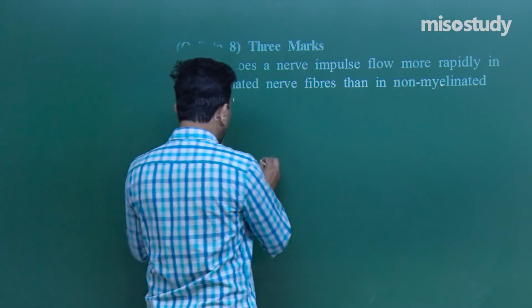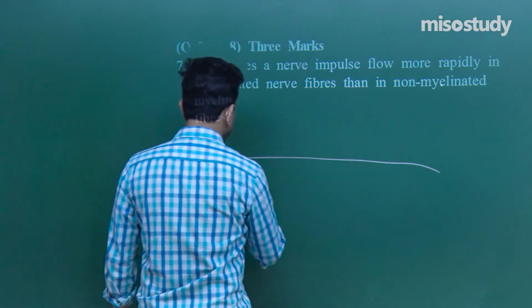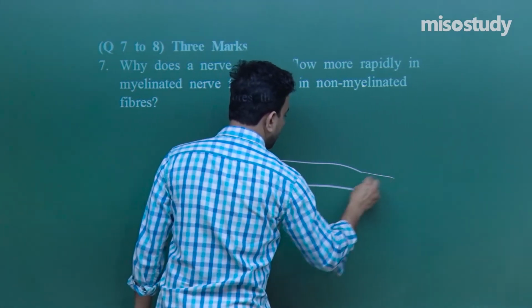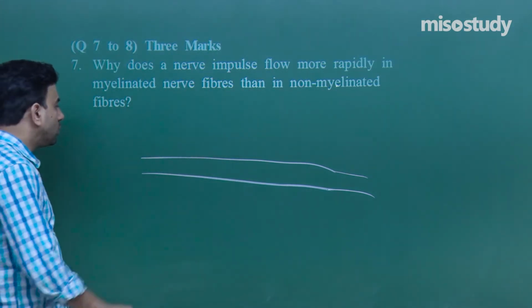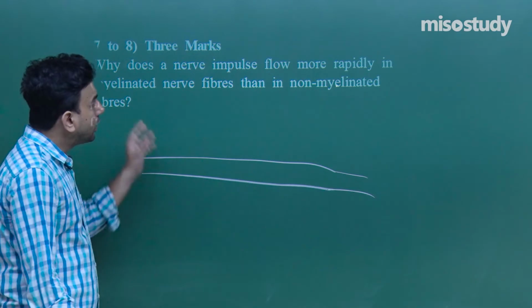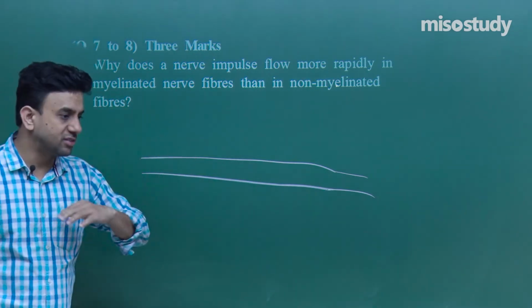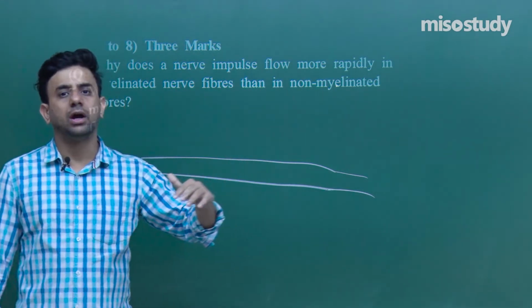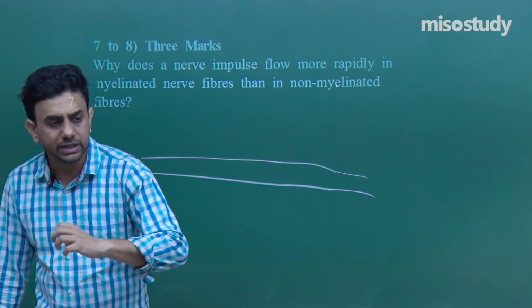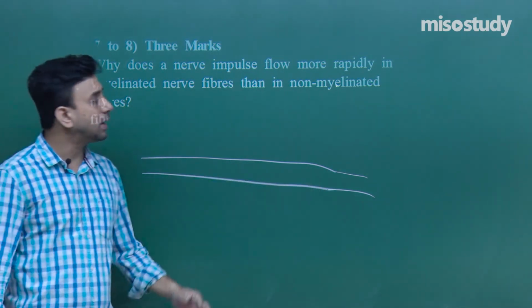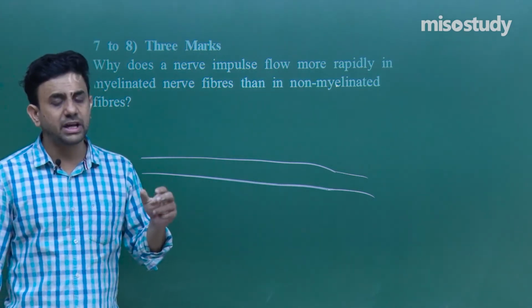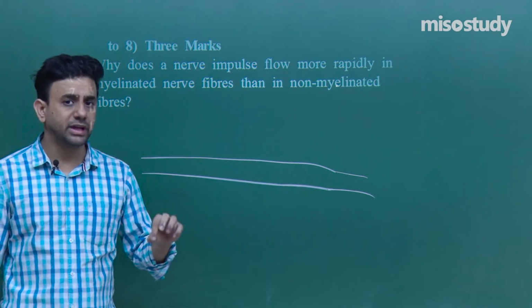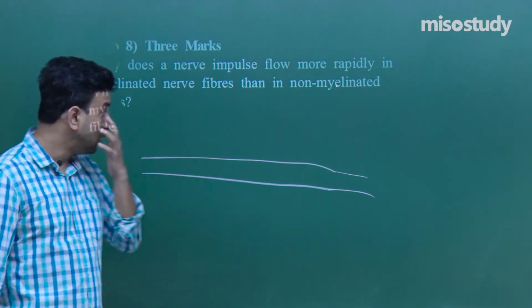So what we see, say this is a non-myelinated nerve fiber, the whole length of the nerve fiber. We all know that when a nerve impulse is propagating, it gets propagated from one point to the other, from the second to the third to the fourth, and so on.